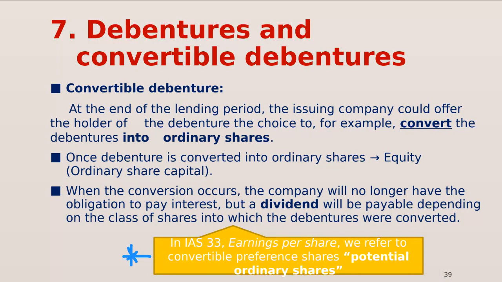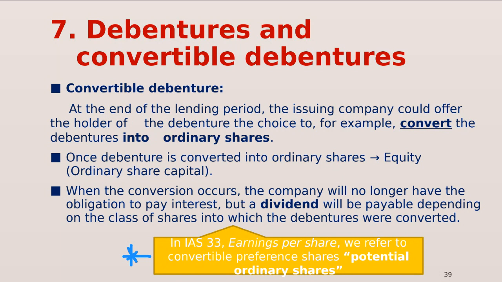So convertible debentures are debentures that can be converted into ordinary shares. Now, have we seen this before? Yes, we have. We've heard about convertible preference shares that can be converted into ordinary shares. Now we're talking about convertible debentures that can be converted into ordinary shares, right?